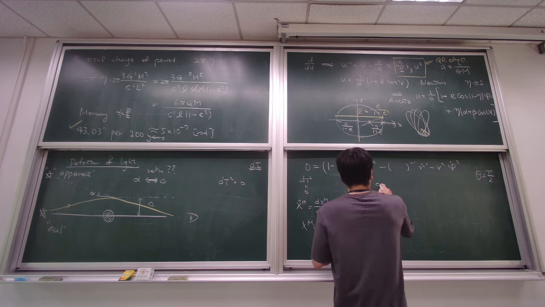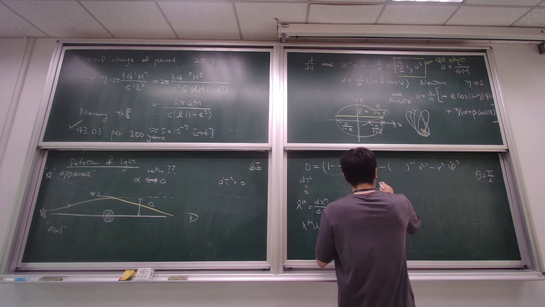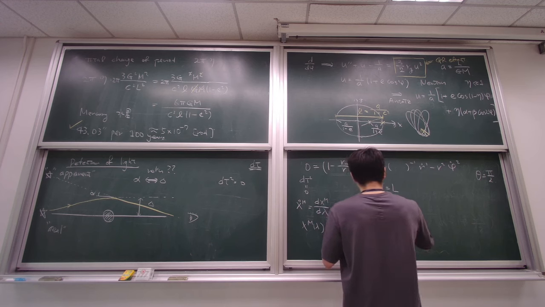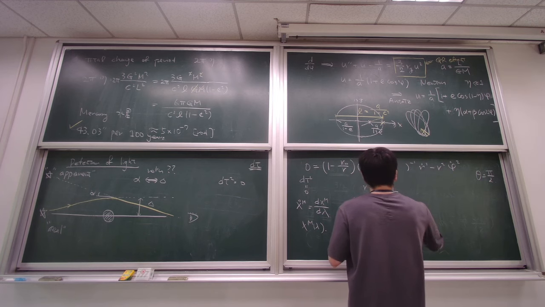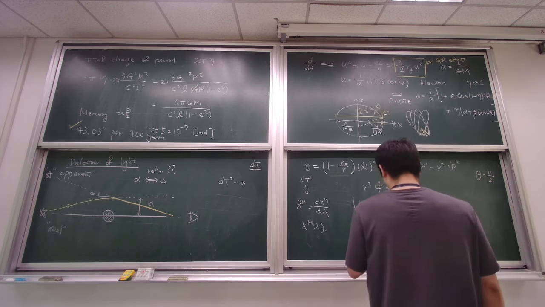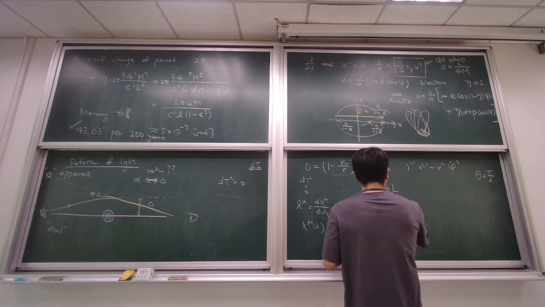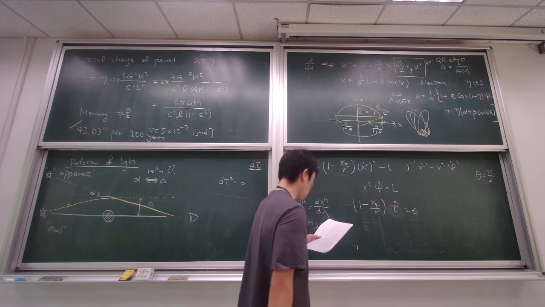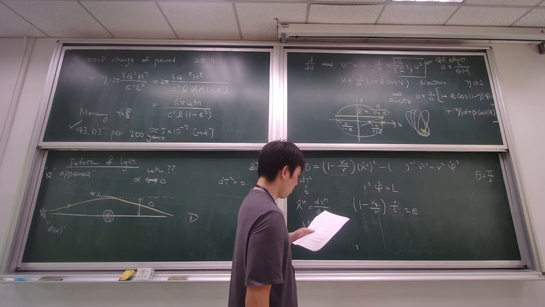Then you have this angular momentum conservation and also some kind of energy conservation. dt over d lambda is equal to epsilon over A, and phi dot is equal to L over r square.